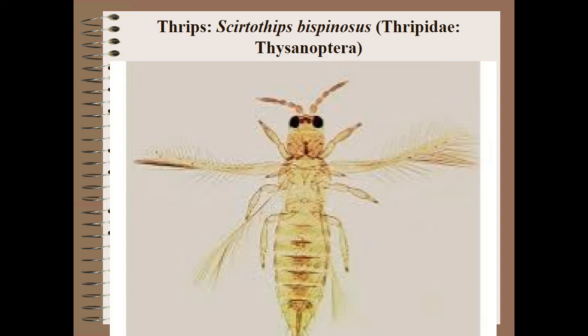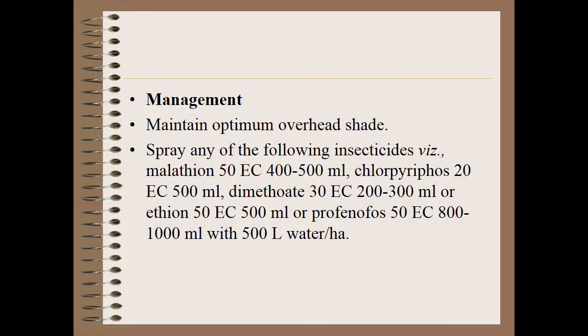Damage is more pronounced in exposed areas during dry weather. What about management? We have to maintain optimum overhead shade and spray any one effective contact insecticide like malathion, chlorpyrifos, or profenofos, and a systemic insecticide like dimethoate, etc.